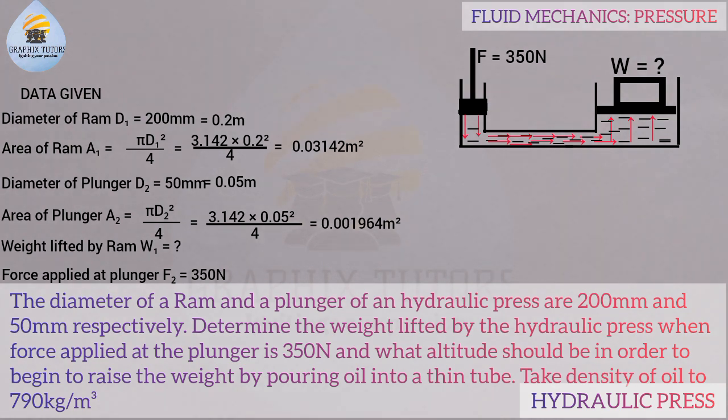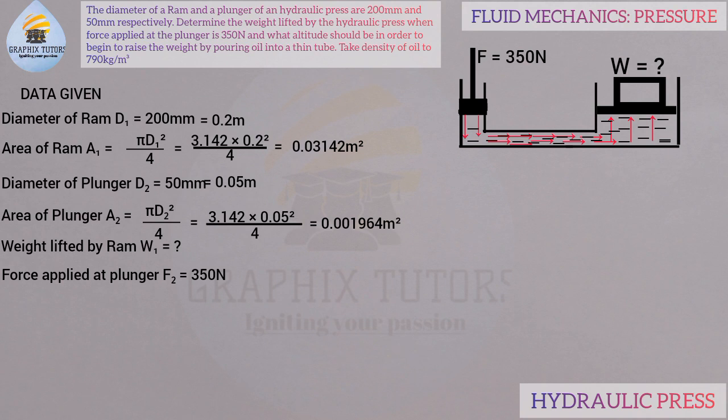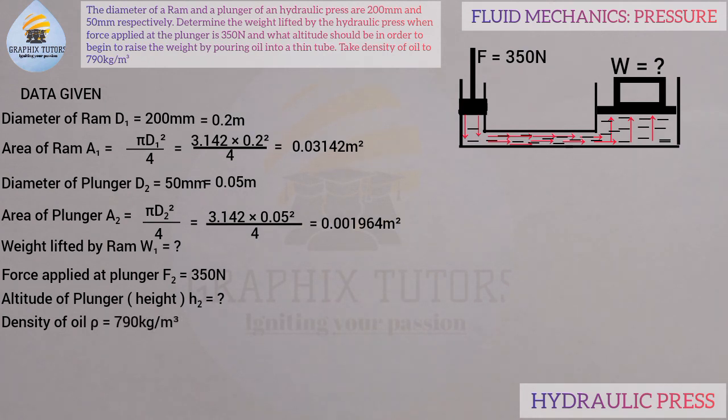Now, for the height, we are told that we should look for the altitude. That means the height. How high will you raise the plunger for it to raise that particular load? So we use H to represent the height, and we are given the density of the oil to be 790 kilogram per meter cube.